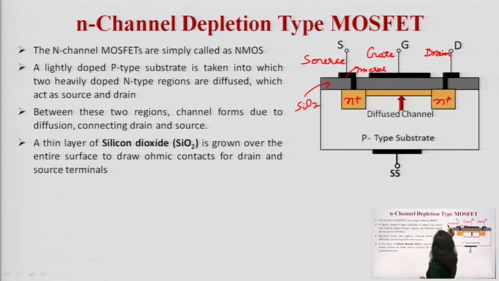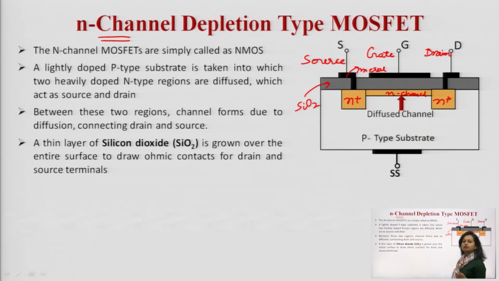So if we are talking about N channel, what we mean by this N channel, you can see since highly doped N regions have been created for the source and drain, now diffusion takes place, and because of the diffusion this N channel is created. This is the N channel.